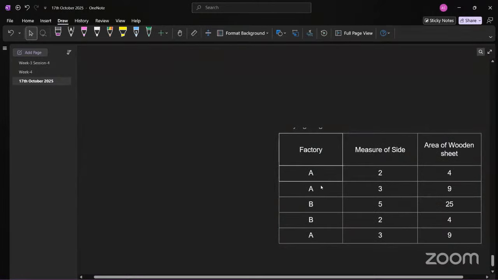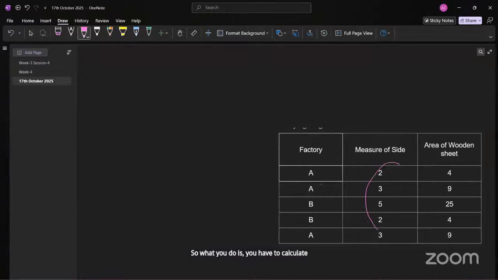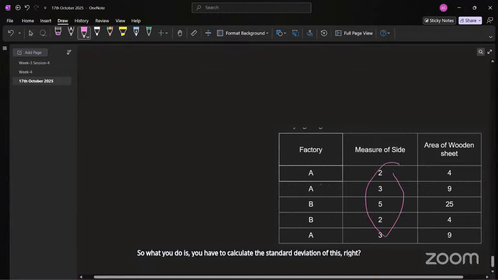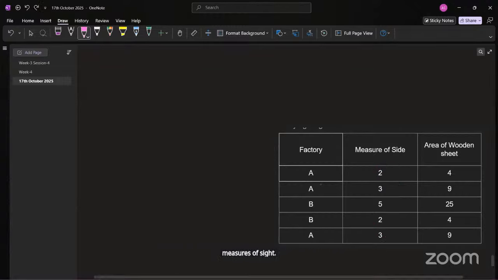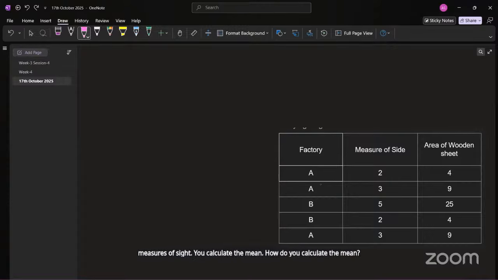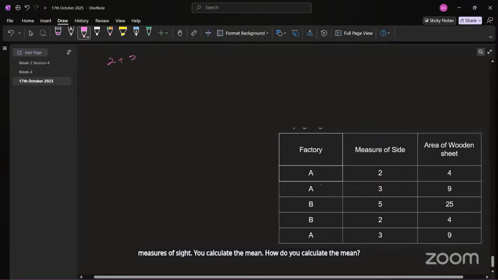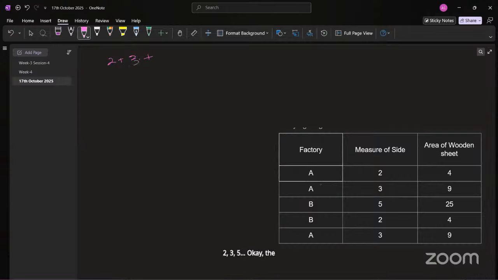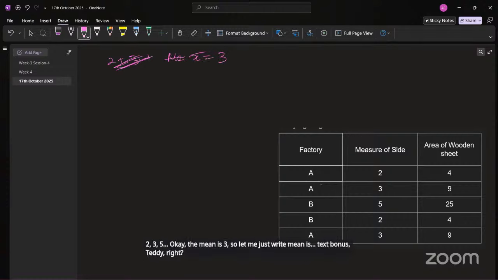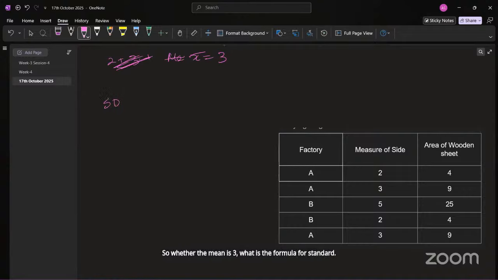So what you do is you have to calculate the standard deviation of this, right? Measures of side. You calculate the mean. How do you calculate the mean? 2, 3, 5. The mean is 3, sir. Okay, the mean is 3. So let me just write the mean, x bar, is 3, right? Once the mean is 3, what is the formula for standard deviation?